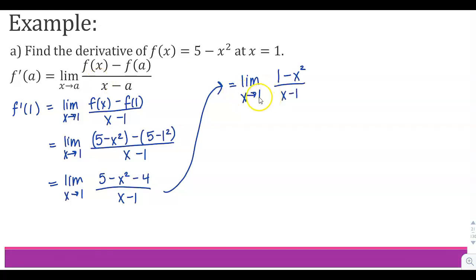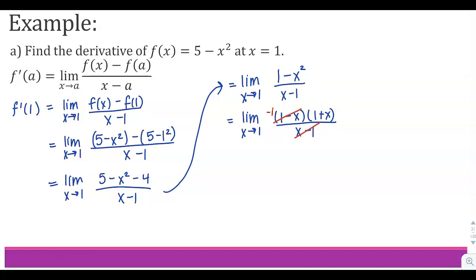So again, applying direct substitution, I get 0 over 0, which is indeterminate. So the algebra that we're going to use is factoring. And the numerator factors as a difference of squares to 1 minus x, 1 plus x over x minus 1. And now these terms, 1 minus x and x minus 1, they don't cancel perfectly. What's going to come out of that is going to be a negative 1.